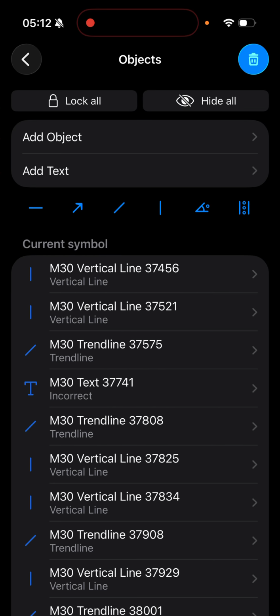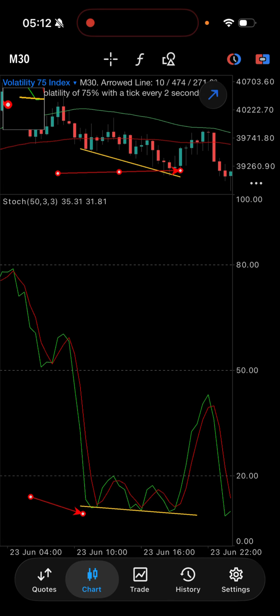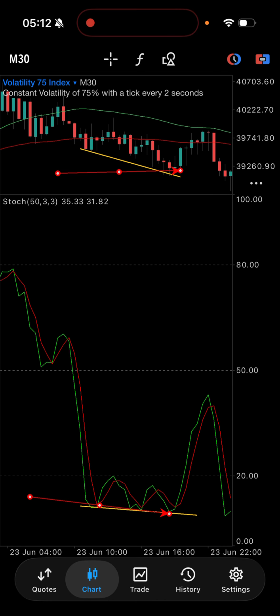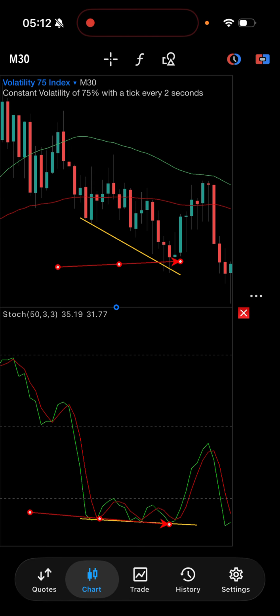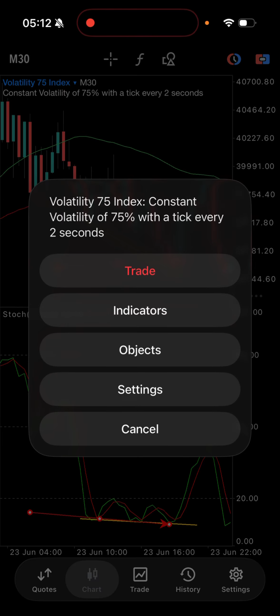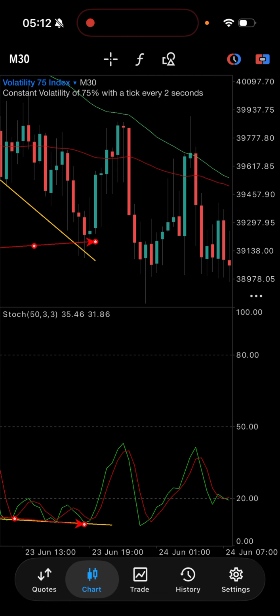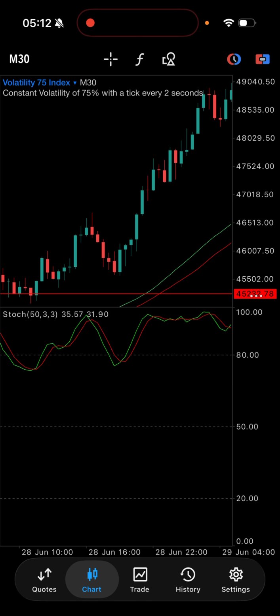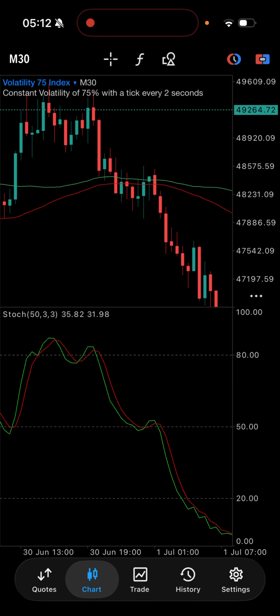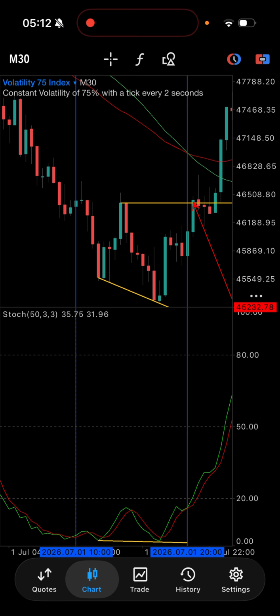We have this low, this low, then this low. You see that it is the same thing with what was showing at the top. So definitely that is a no-go area for me. I won't enter. Just leave it.